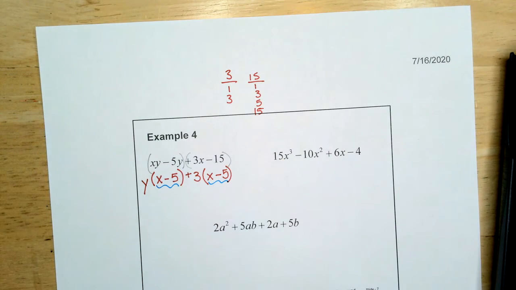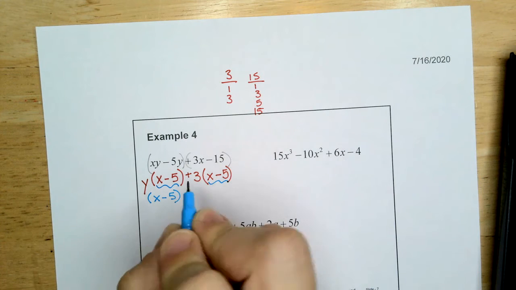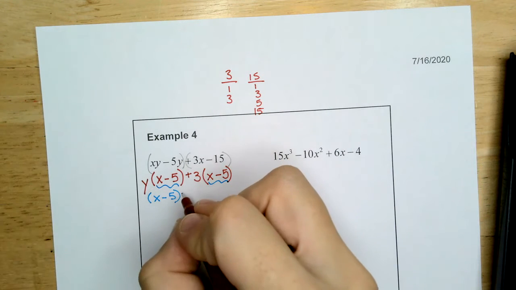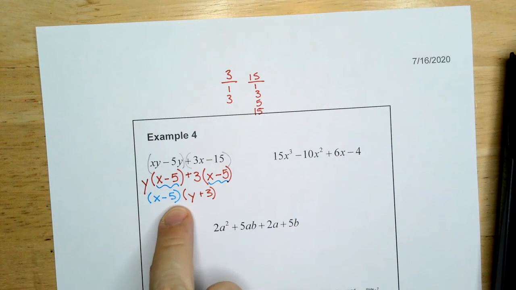Those are exactly the same. So that's what we're going to now factor out of this pair. So I'm going to say x minus 5, and what I am left with is y plus 3, okay? And you see how there's no sign between them? They're just being multiplied, okay?